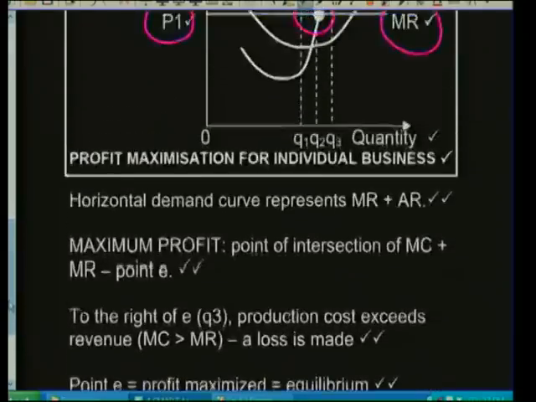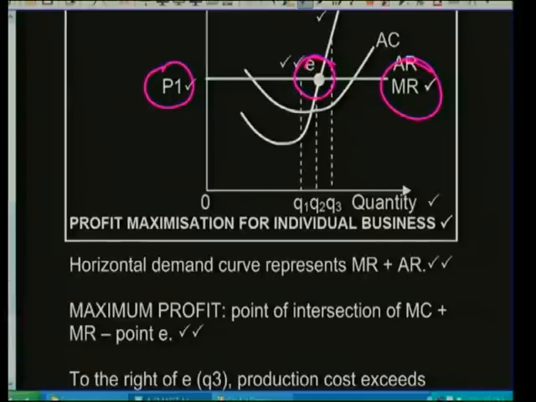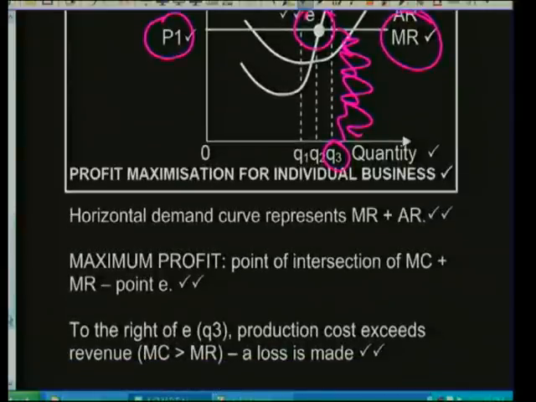To the right of E, in other words, to the right of quantity 3, in this area, production cost exceeds revenue. There we see the sign: marginal cost is bigger than marginal revenue.